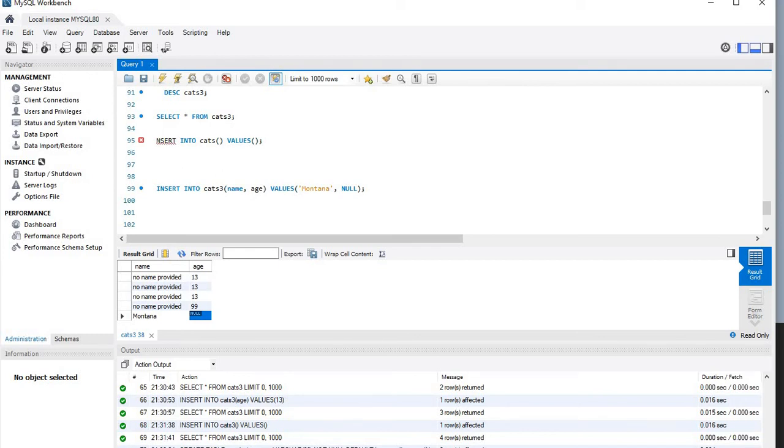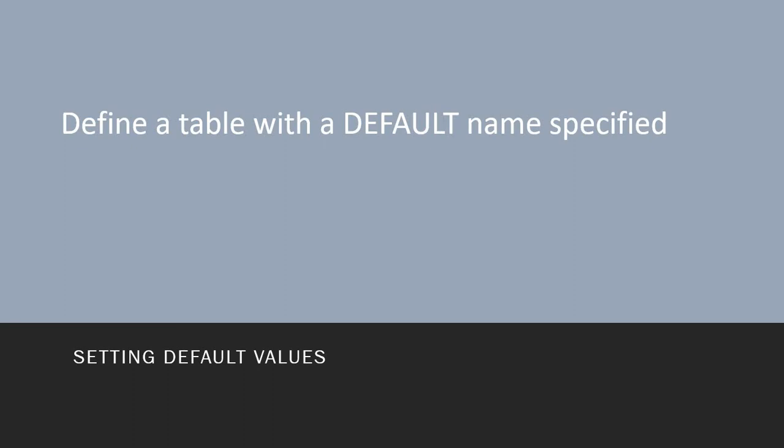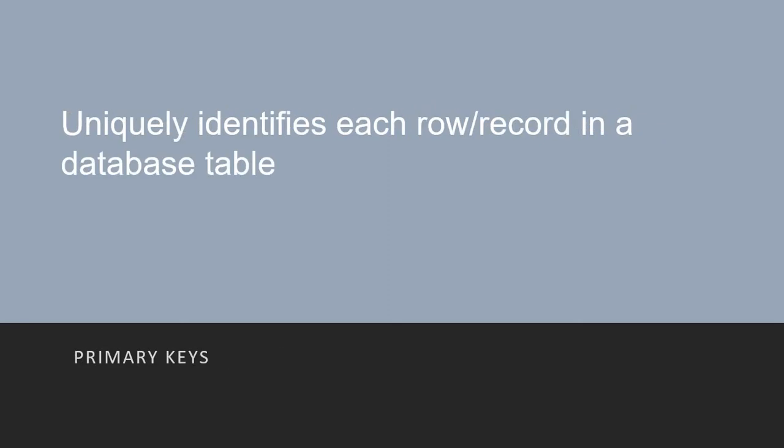This is about the default values and also the null. So you have to do a couple of exercises in order to understand what is default and what is null, not null. Okay, now we will move into primary keys.